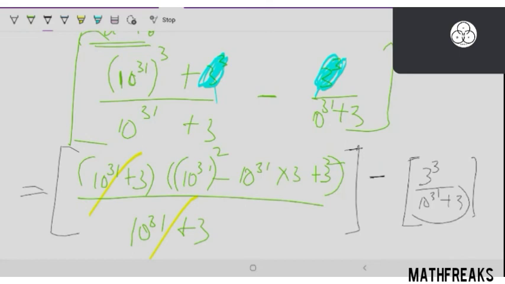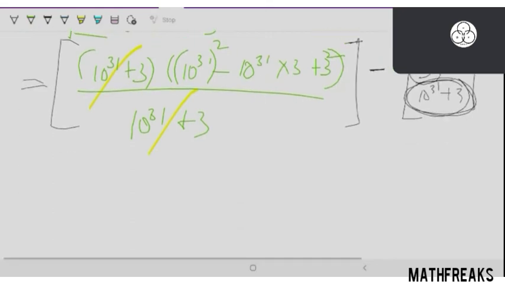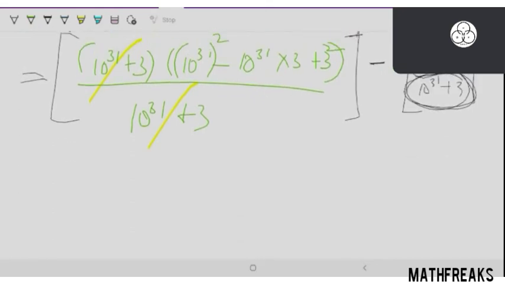Clearly this expression is very large, 10 to the power 31, and this is only 27. So this will be some 0.00000 something, which, because this is the greatest integer function, will give us 0.